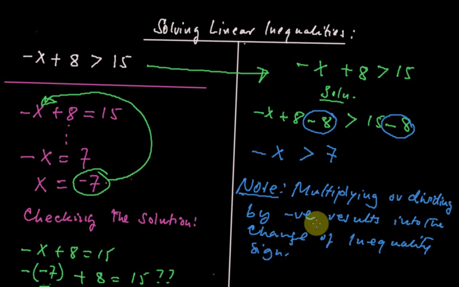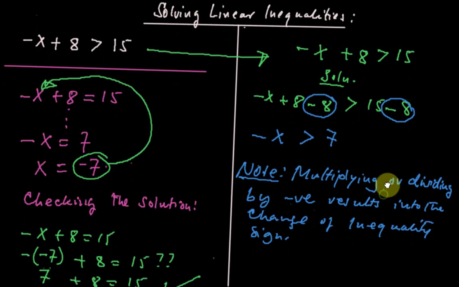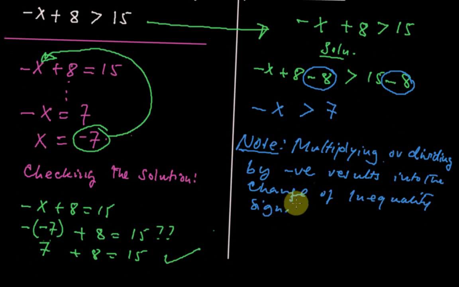So this is very important. If when we multiply or divide by a negative, it will result in the change of inequality. If you don't want to believe this, you can just go the way we did and see what happens.